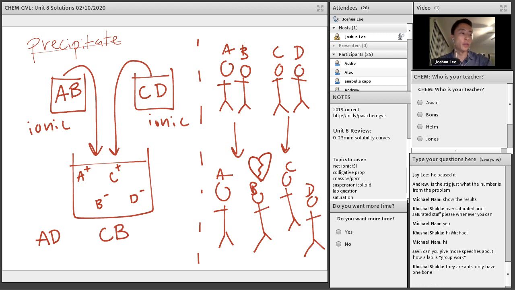And to figure out whether or not they're going to last, you need this chart, which you don't have. So basically, on this chart, you're going to have your cations on your right side and your anions on your top side. And it's just very similar to Battleship, where you find a cation, you find an anion, you go, and whatever letter it is, it'll tell you if it's soluble or insoluble.